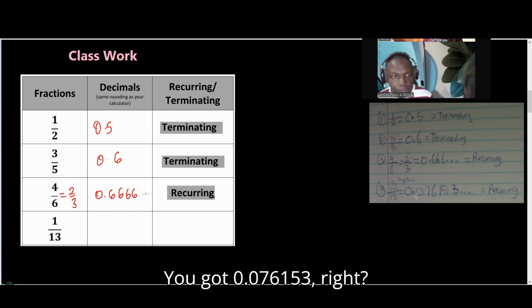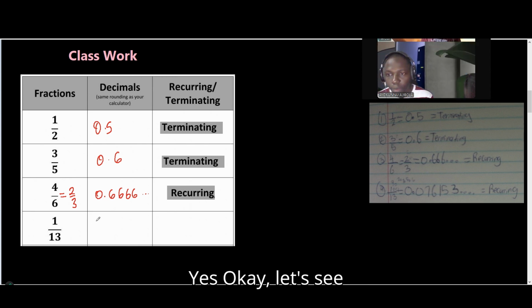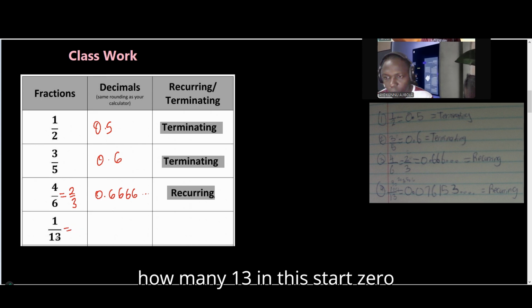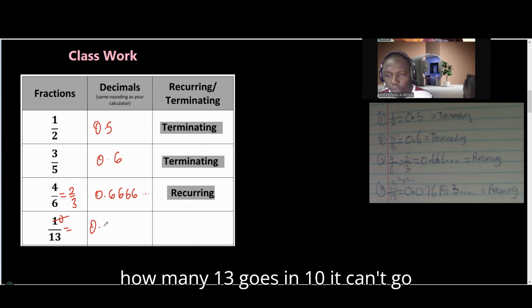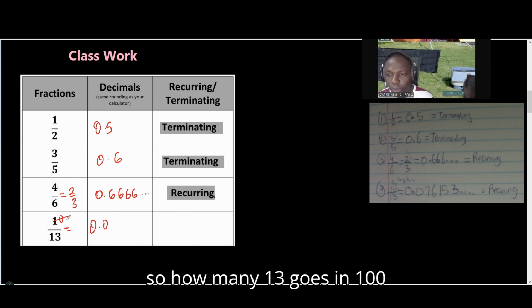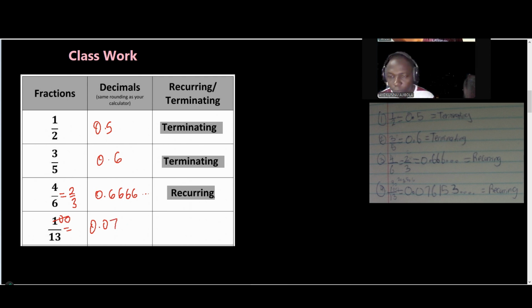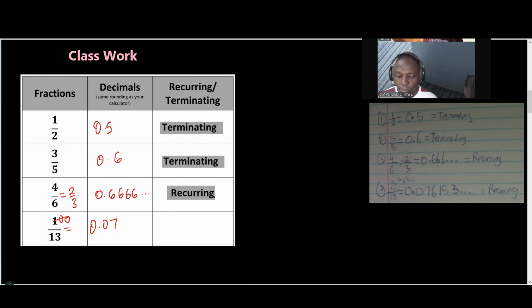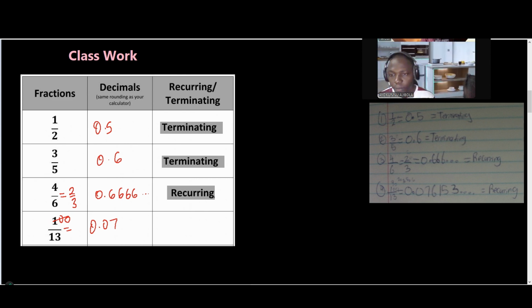You got 0.076153, right? Yes. Okay, let's see. How many 13 in this? That's 0. How many 13 goes in 10? It can't go. So how many 13 goes in 100? You get 7. So 13 times 7 is what? That's 91, right?